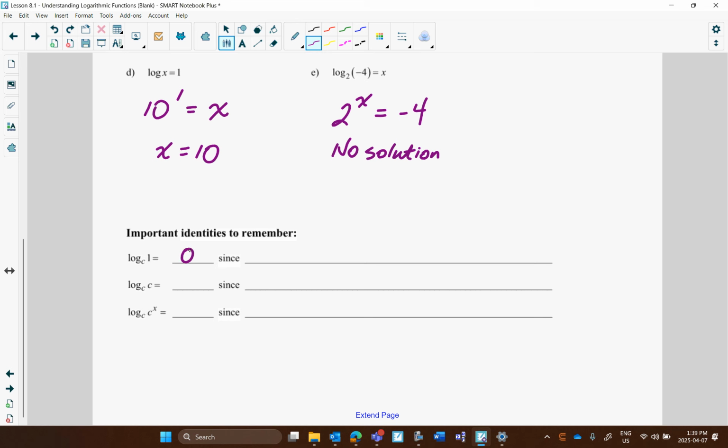Because think about it like this. If I change this to exponent form, I'm asking myself c to the y equals 1. What must y be? 0. It has to be 0, right? Okay.